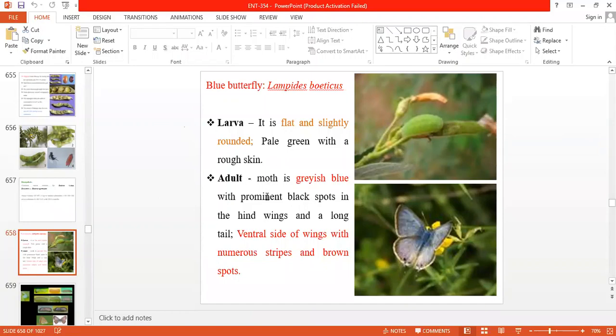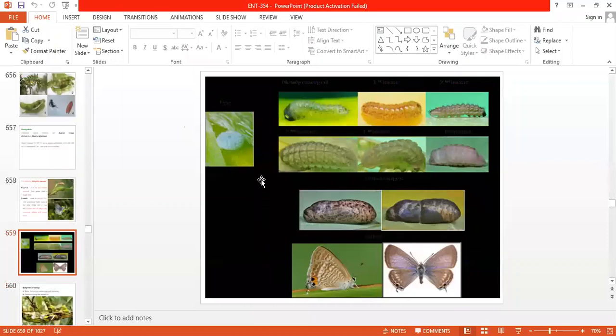The adult is grayish blue with prominent black spots on the hind wings, and the ventral side of the wings has numerous stripes and brown spots. So these are the various stages of the blue butterfly: the egg stage, larval stage, pupal stage, and this one is the adult stage.